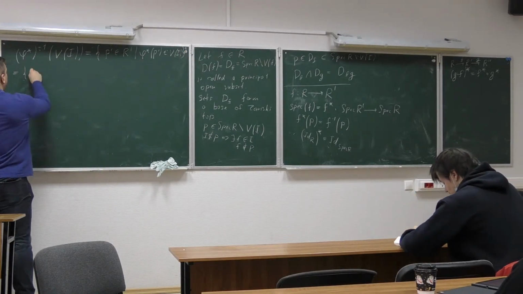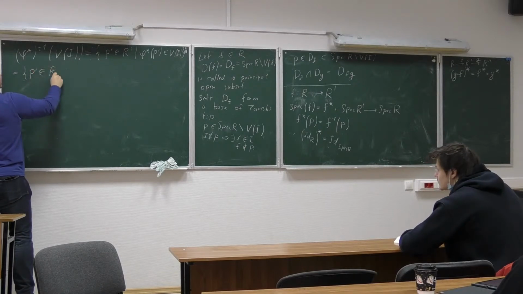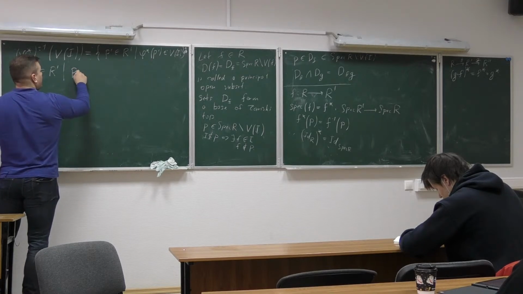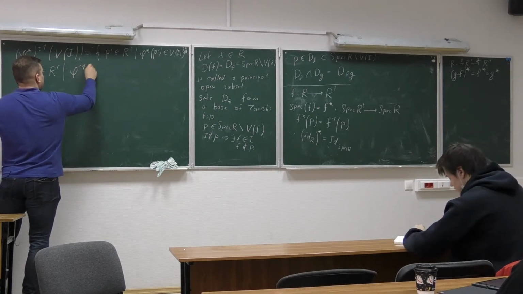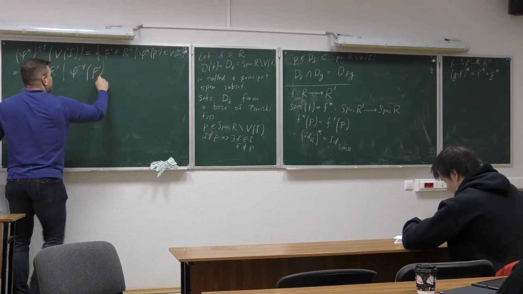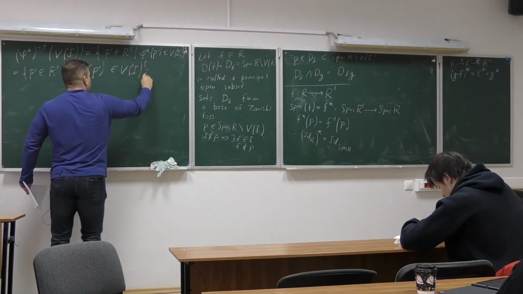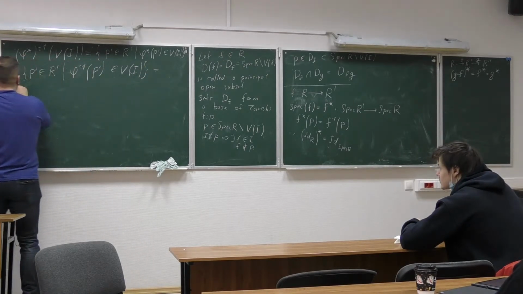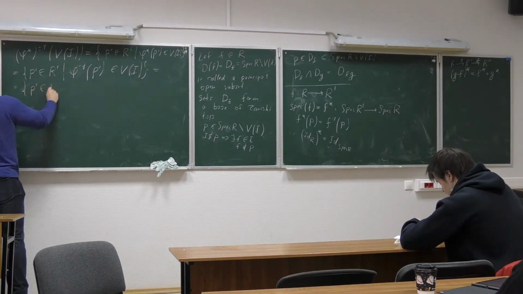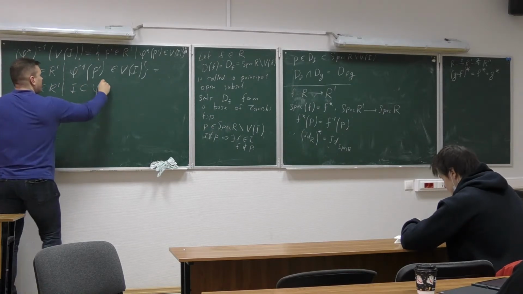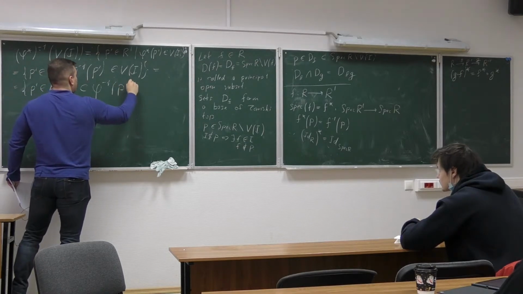Then this is the same as the set of all prime ideals in R' such that φ inverse applied to P' is in V(I). This is the same as all P' in R' such that I is contained in the φ inverse of P'.